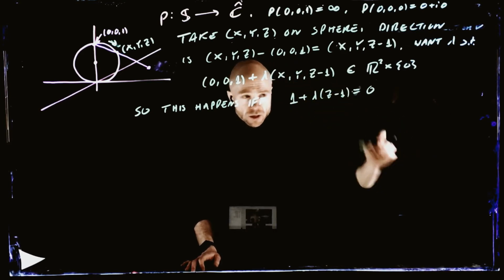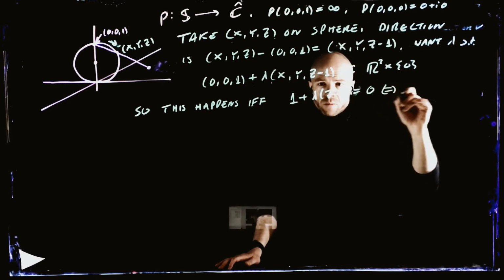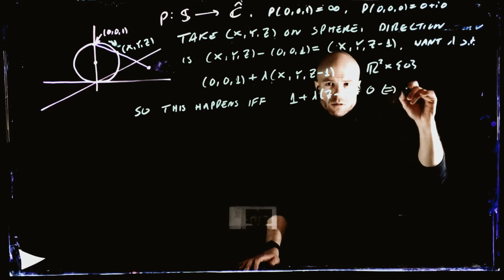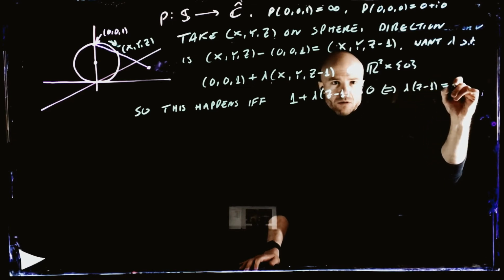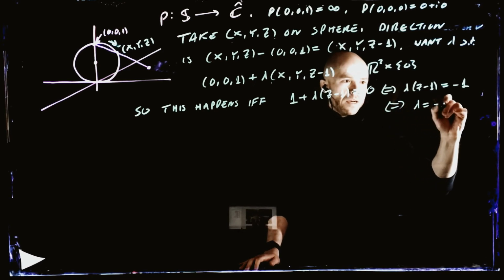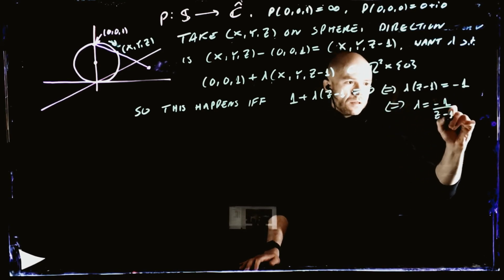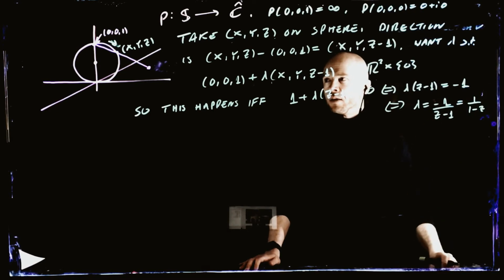So we can solve for lambda: lambda (z minus 1) equals minus 1. In other words, lambda equals minus 1 over z minus 1, which is the same as 1 over 1 minus z.